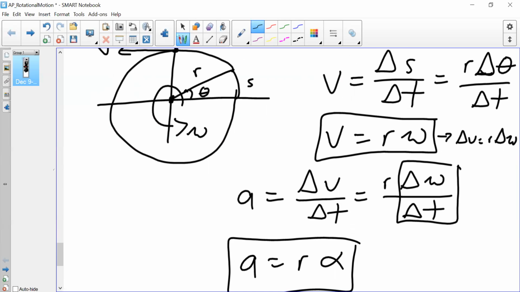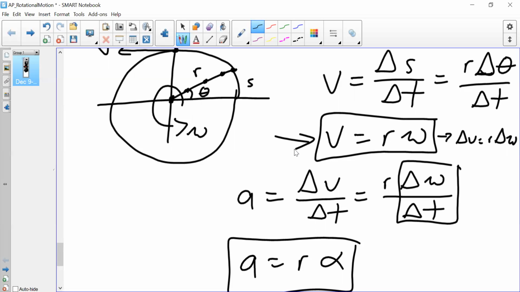So now that there are successive points along the radius, every one of these points has a different linear velocity. Why is that? Because they have different radii, different distances from the center of the circle where the angular velocity exists. The angular velocity, the angular acceleration, and all angular things will be the same for all points because they're all going to uniformly turn as one object, uniformly rotate.